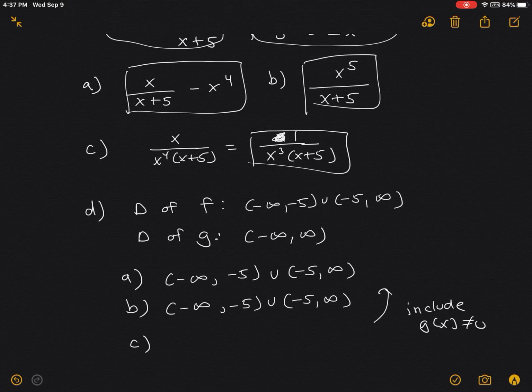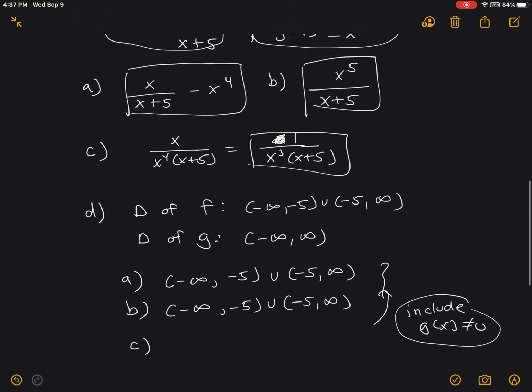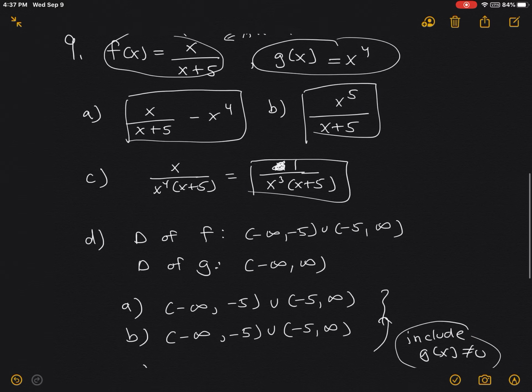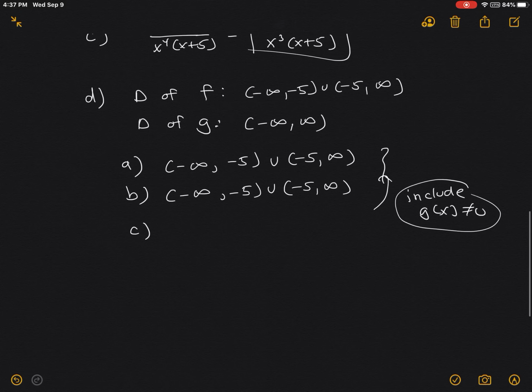On top of this, you have to include that g of x cannot equal 0. So whatever you got for A and B, just add the fact that g of x can't equal 0. And what was my g of x? x to the 4th. So g of x, which is x to the 4th, cannot equal 0.